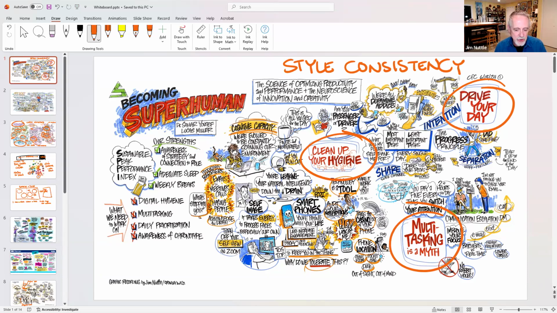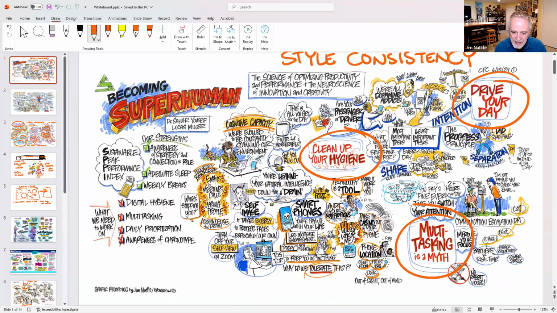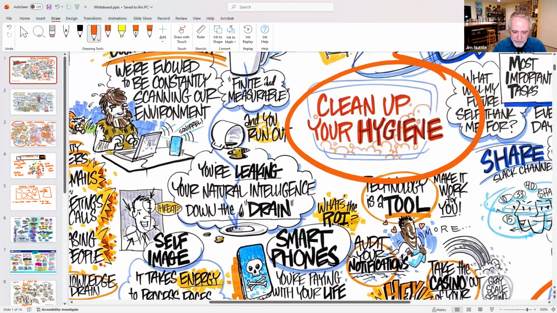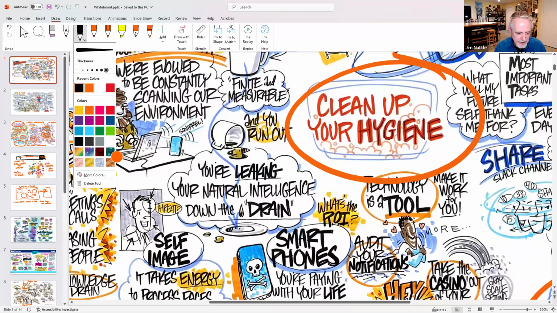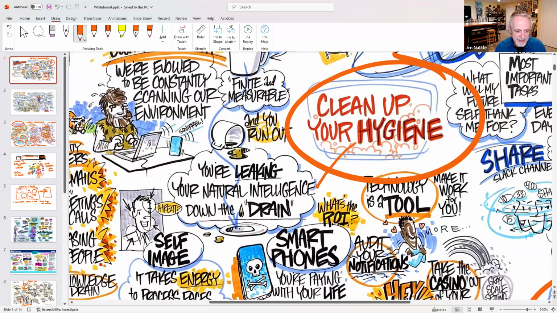So they queued up the big buckets we were going to cover. I thought, okay, I'll take a risk and just do those colors. If you zoom in, you'll see the word hygiene, the word drive, the word multitasking. I went back with the basic thin black marker and did an inline, just to emphasize that word within the headline.